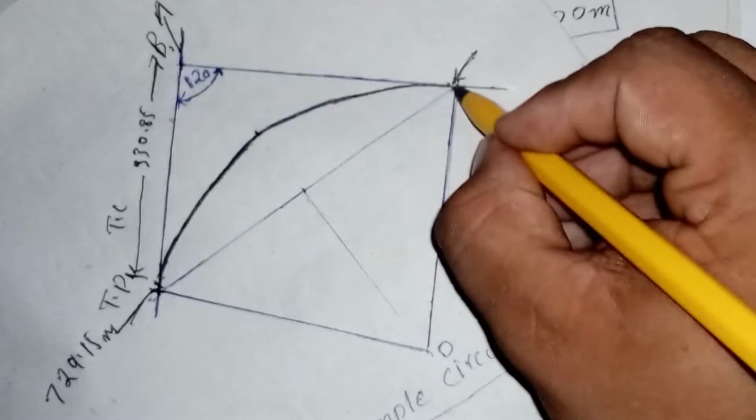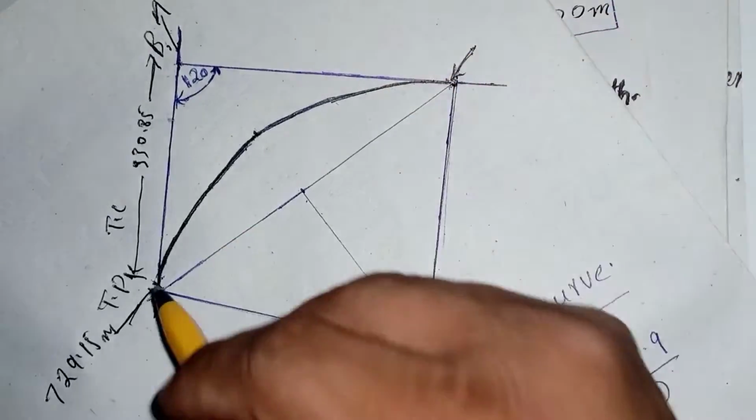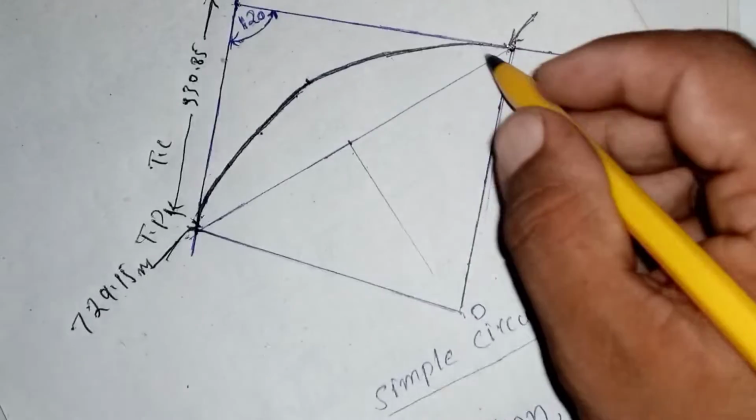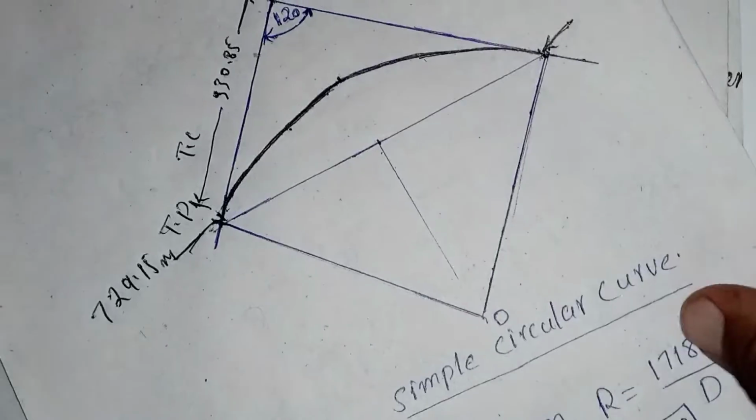By adding this curve length to this chainage, we will get the chainage of this point.